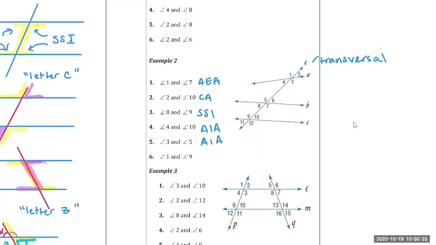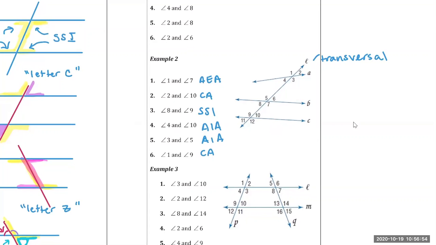And then lastly, 1 and 9. Okay, very nice, you guys see a corresponding angles. So what I'm going to do is leave you guys to, I believe, the homework assignment.